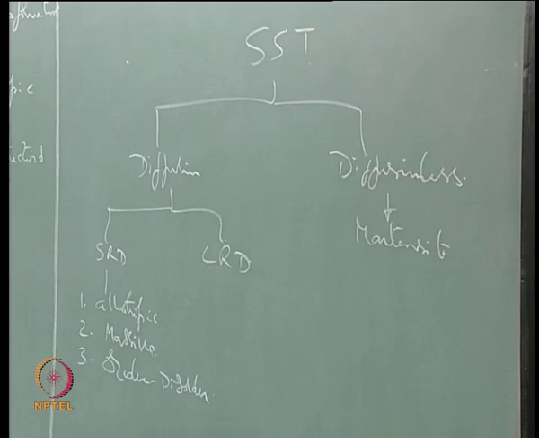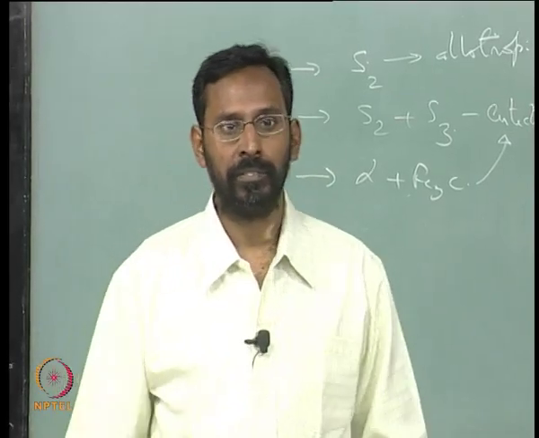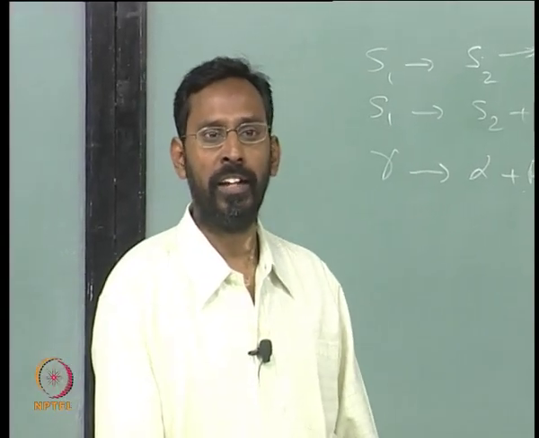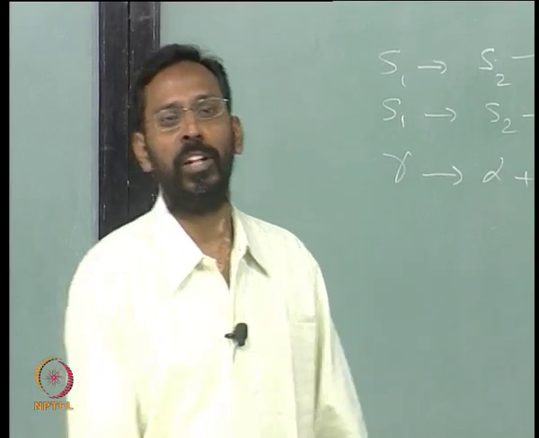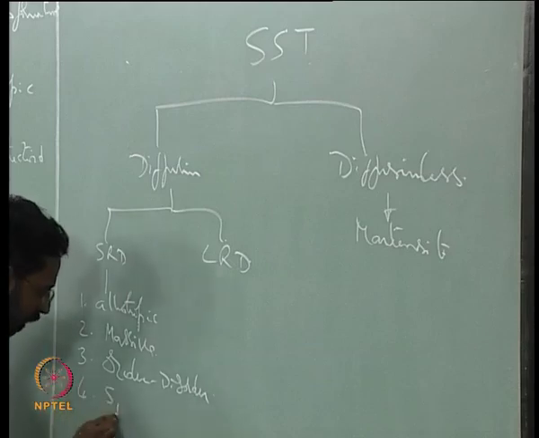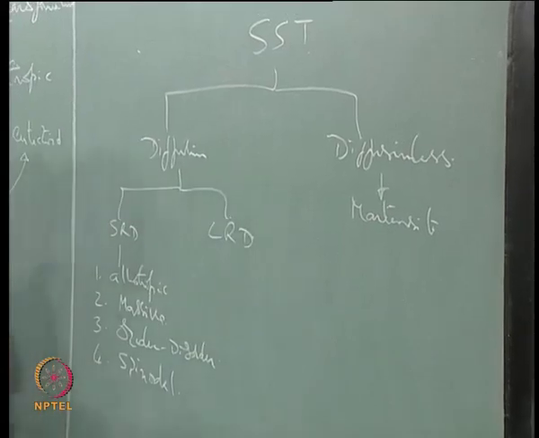Anything else that you are aware of which is again short range? Spinodal, okay. Spinodal transformation again is short range, at least at the nucleation stage, and as it progresses it grows.